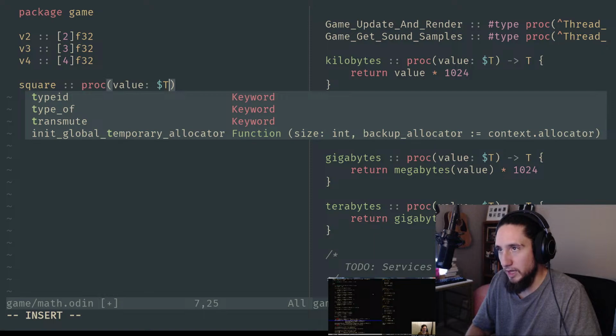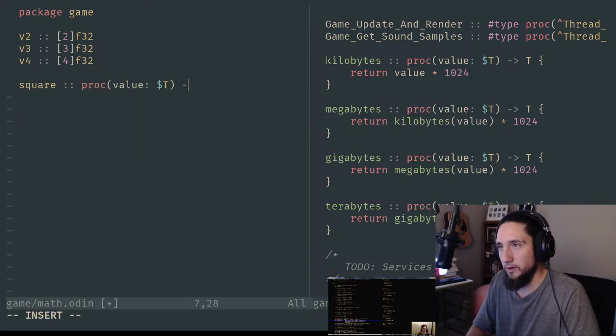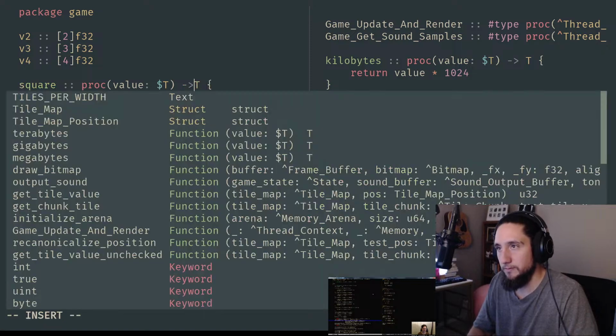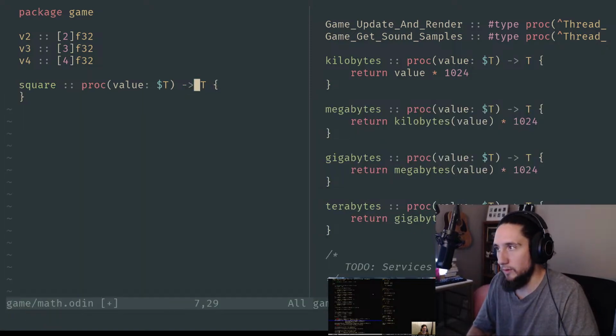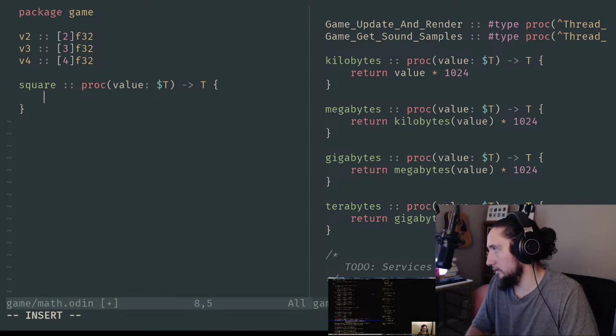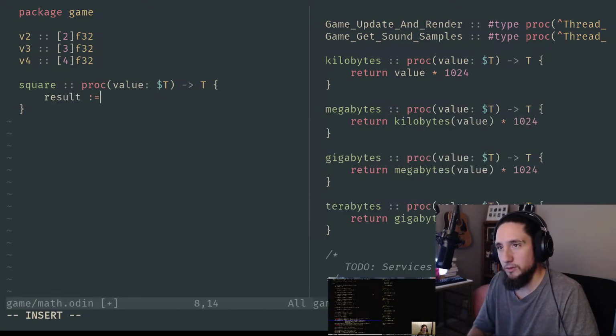Maybe he just calls it N or something. I don't know. It doesn't matter. We're going to return whatever that type is. If I can do that properly. And then our result is going to be value times value and then return result.